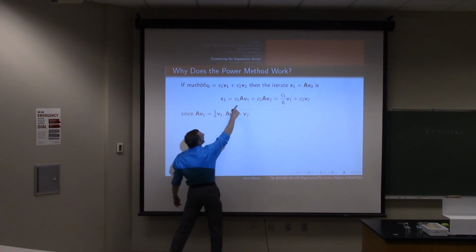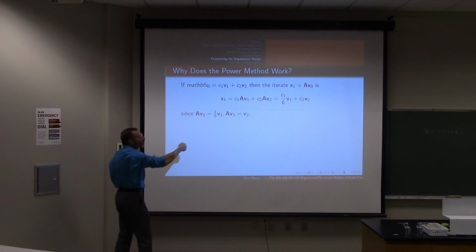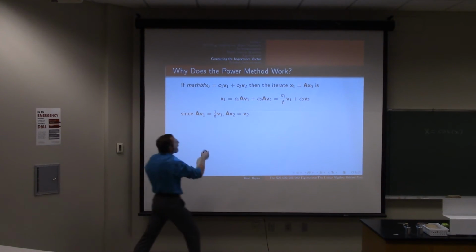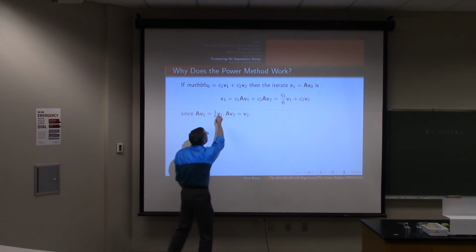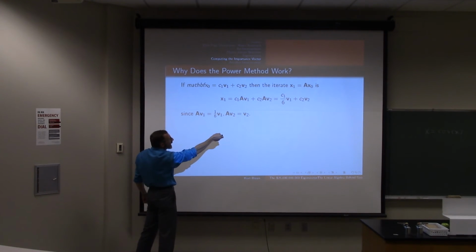But A times v1 is 1/6 v1. v1 is an eigenvector, so when I multiply it by A, I simply divide it by 6. v2 is an eigenvector for A with eigenvalue 1. A times v2 is v2. So when I multiply x naught by A to produce my updated iterate, x1, this is what I get.